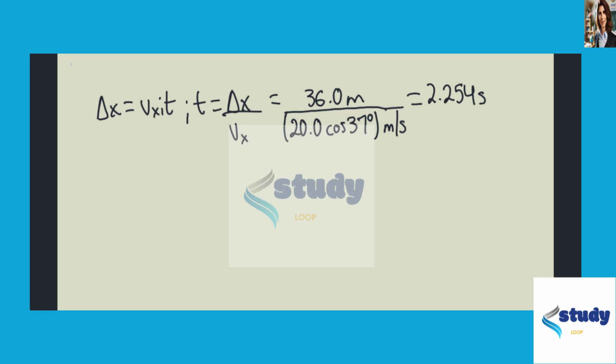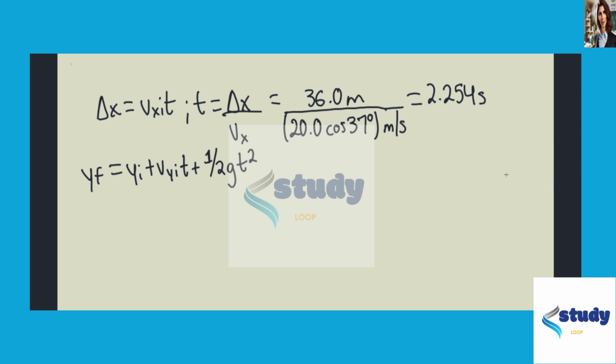At this point, we can solve for the maximum height of the ball. So we can say that this would be the final height of the ball. So y final equals y initial plus vy initial t plus 1/2 g t squared. We are going to say that g is negative, which means that we're choosing upwards to be positive.